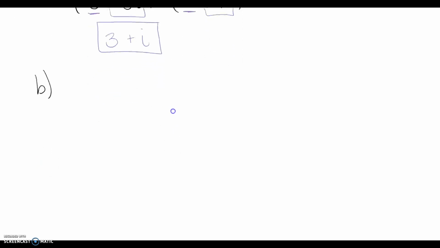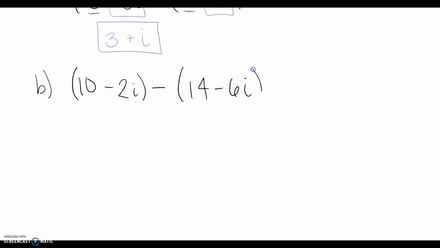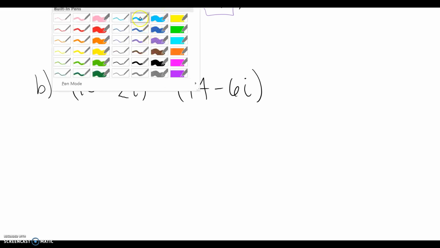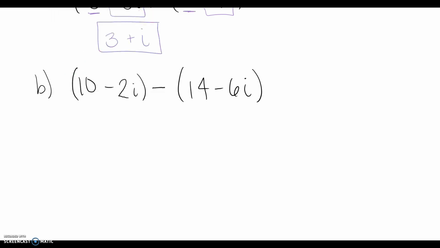Subtracting is a little bit trickier. So if we have 10 minus 2i minus 14 minus 6i, the thing to be careful about, as always, is the negative. So you need to distribute this negative first.